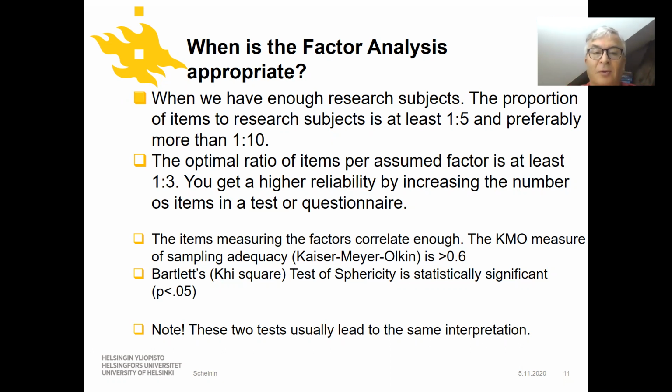Actually, if you start out with 3 items per factor, then you can't throw out any bad items. So yeah, you get easily into trouble if you have too few items per factor in your test or questionnaire.